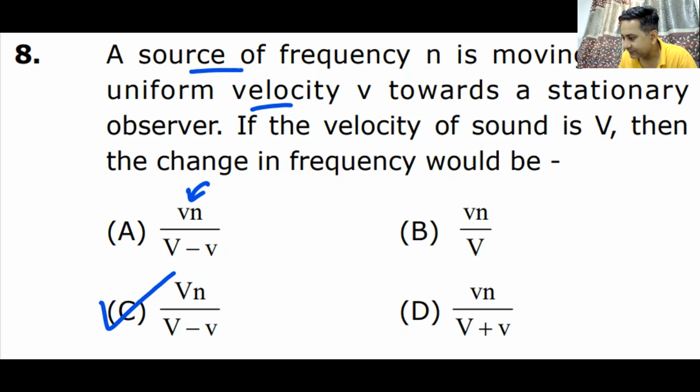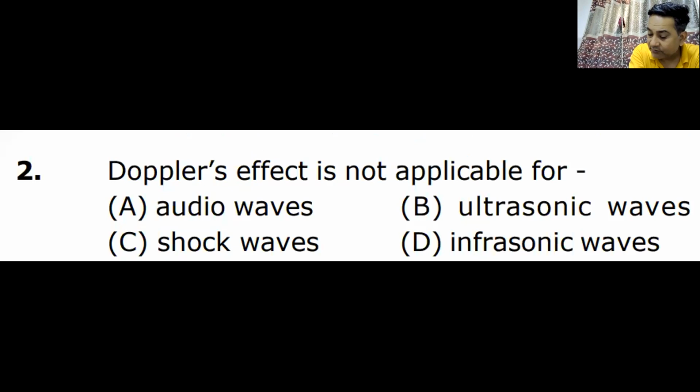So don't give answers from the answer key. Anyone can do that. I hope you will not repeat the same mistake again. So remember, it is the velocity of sound in the numerator and V minus Vs in the denominator. Don't make the mistake.